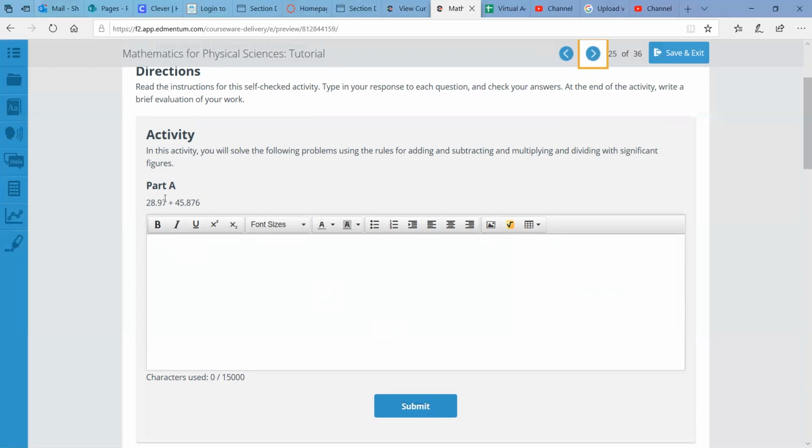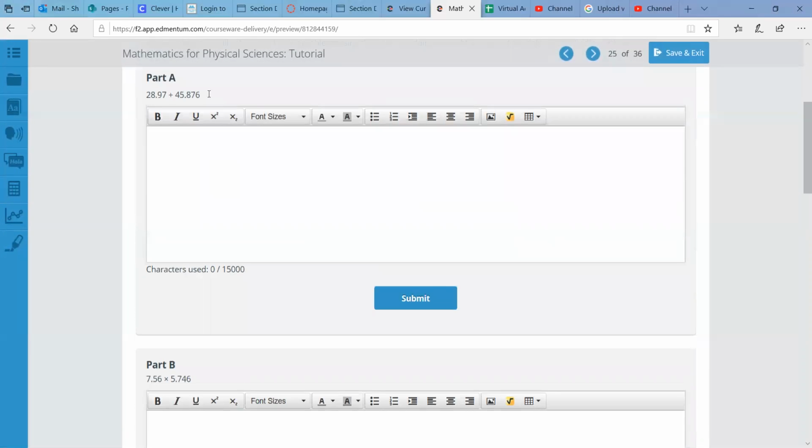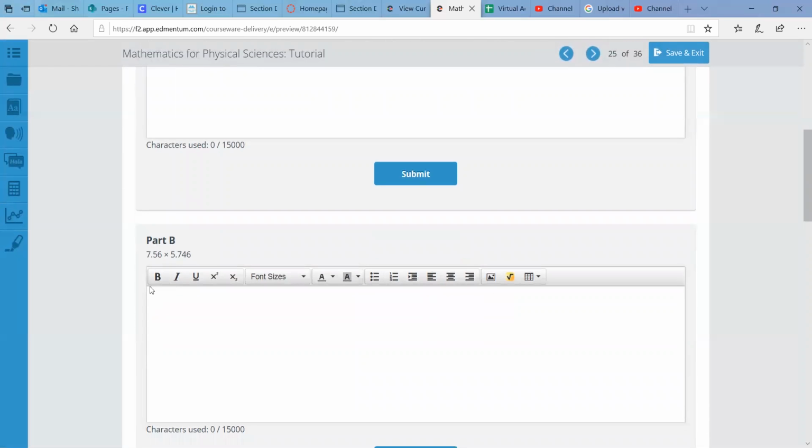So here, you can only be accurate to this decimal place because that's the least accurate. And you're adding. But now we're multiplying in this one, and the answer can only have 3 significant figures. So remember that.